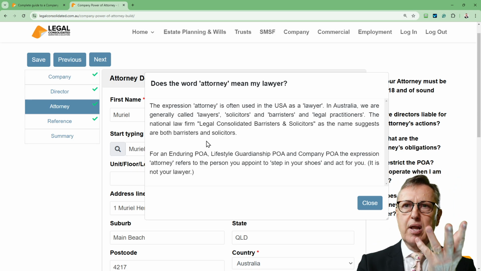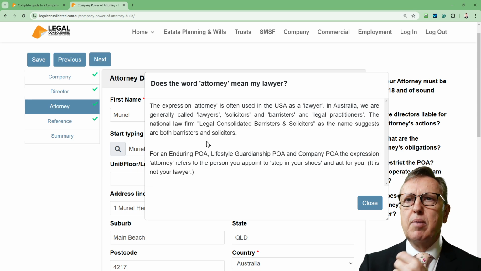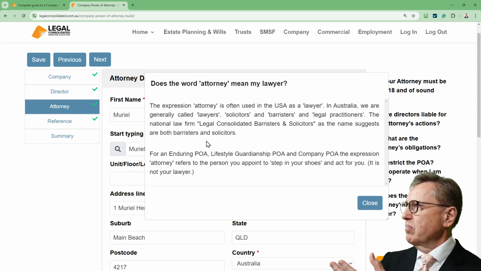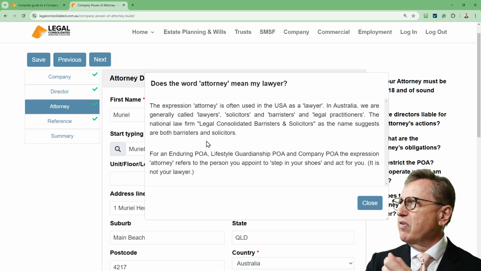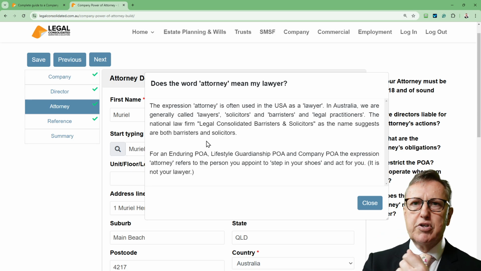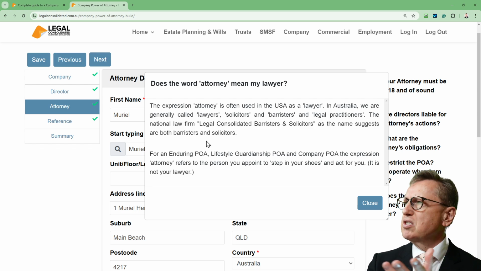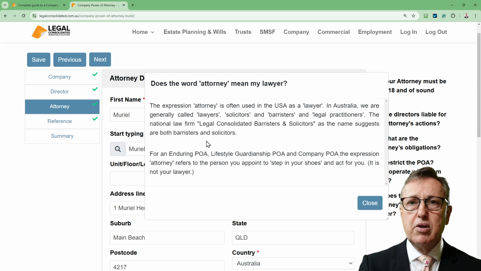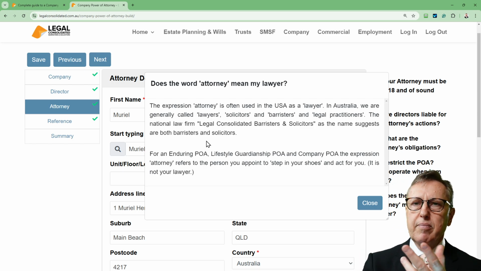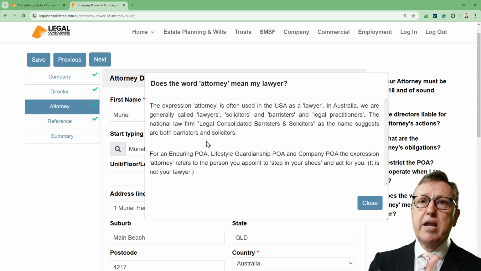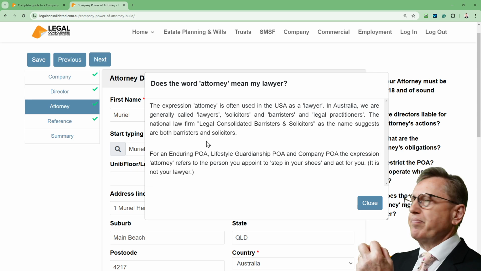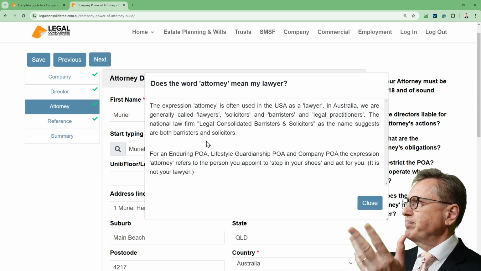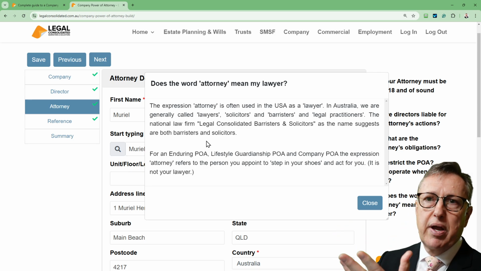In the company power of attorney, you are appointing a human being, which is called an attorney. So it's not used in the sense of a lawyer. You're not appointing a lawyer, you're appointing an attorney who could be a lawyer, I suppose, but anyone over 18 years of age, of sound mind. The word attorney doesn't mean lawyer in this instance.